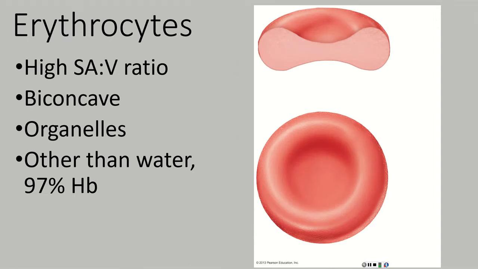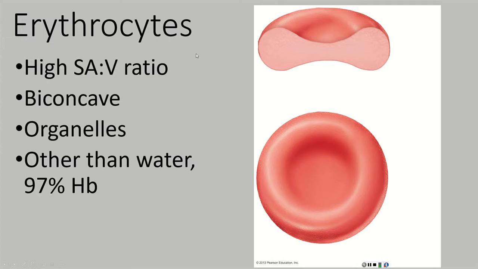Okay, so here are those qualities. Let's think about why these things are important. Well, all of these qualities make it really, really efficient for these cells to carry a ton of oxygen. That's the job of an erythrocyte, to carry oxygen to our tissues. High surface area to volume ratio.